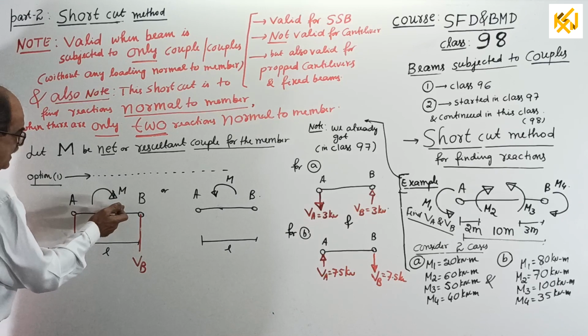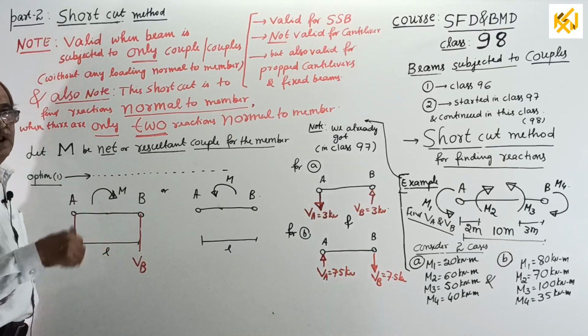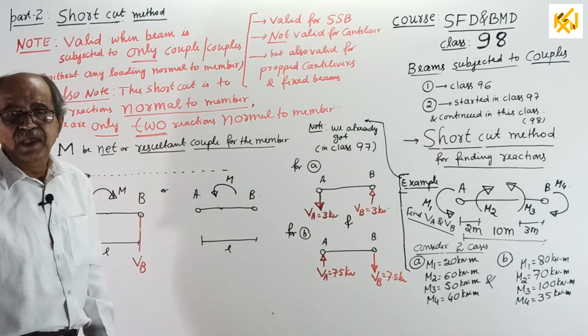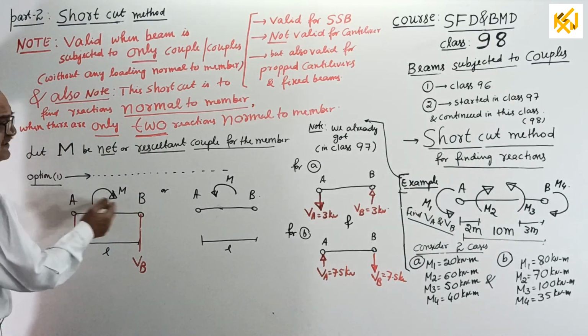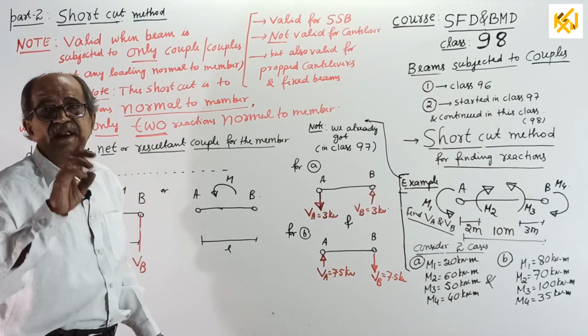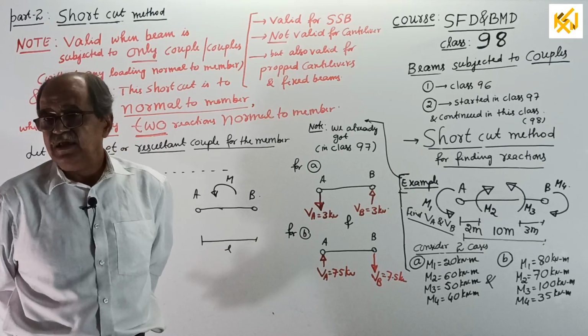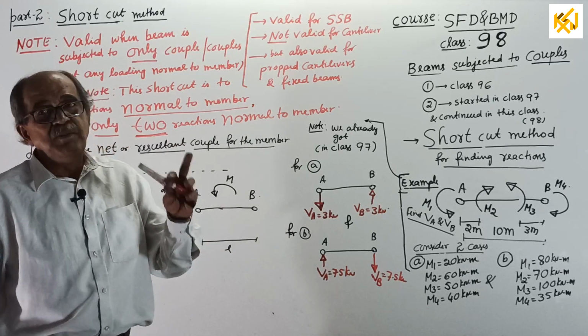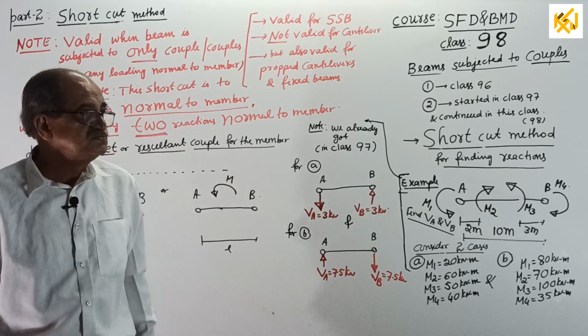And also, when there is no load, for equilibrium both reactions should be equal. Suppose you take sigma V equal to 0, this reaction and this reaction should cancel each other. When there is no load, the important principle is that the reactions will be equal at both supports.